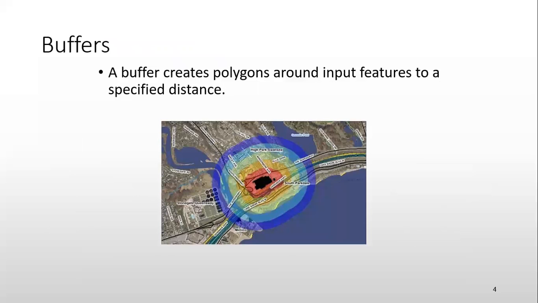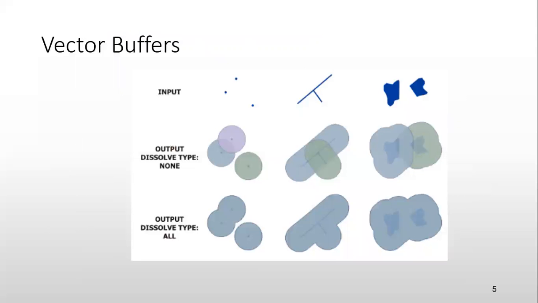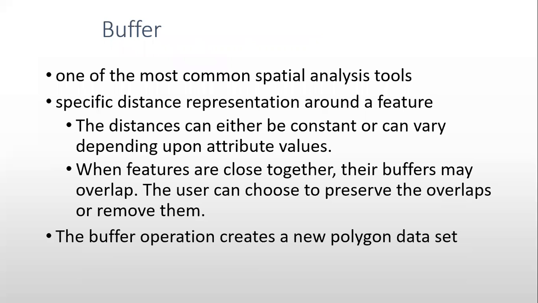So what it is mainly creating, the simple definition: one of the most common spatial analysis tools, a specific distance representation around a feature. At a specific distance, we will create a polygon feature around a linear feature, around a point feature, and around a polygon feature. For example, linear features, polyline features, we can call roadways, railways, highways, etc. And rivers, streams, distributaries and tributaries.